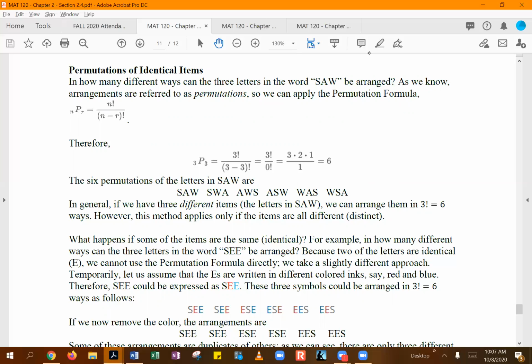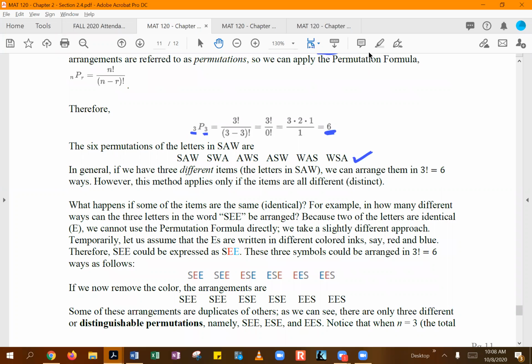You've got 3 letters in there, so that would be choosing 3 letters out of 3 letters, and you would do a permutation calculation on that. And you can see there's 6 different ways that we can arrange these 3 letters SAW, and you can see what those arrangements might end up looking like.